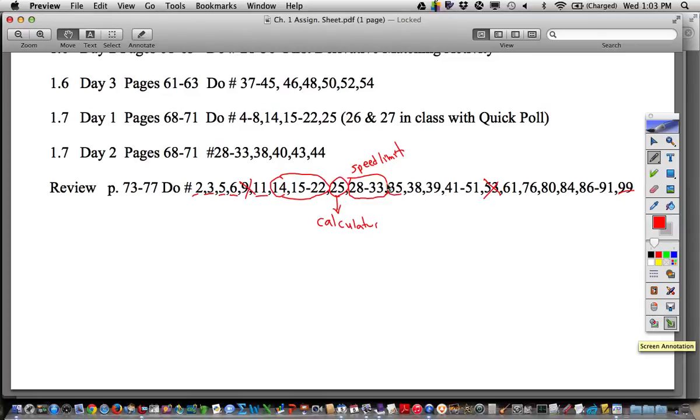35, this whole group here, 35, 38, 39 are good ones. 41 through 51, looking at those would be good review. 61, 76, and 80 are good ones. That's translating it into a sentence.